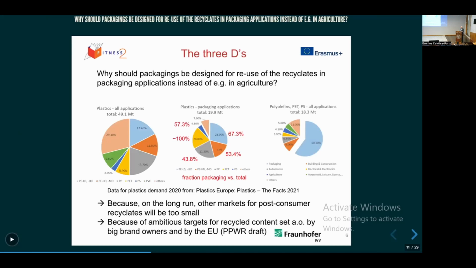This is something that's easily forgotten, and this is one of the reasons why the EU set these targets for recycled content. And also the brand owners play their role. We may discuss whether these figures are realistic or not, but they are on the market, so to say. So we have to think about how to achieve them.